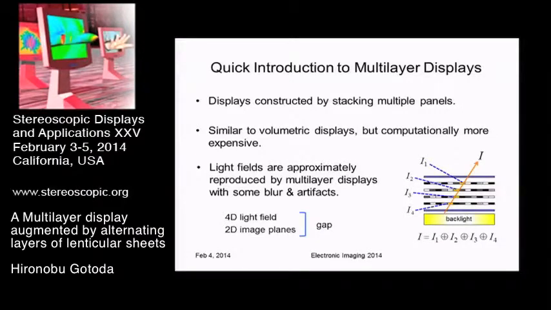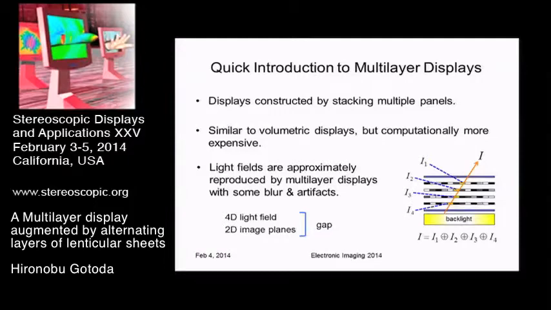So this is a very quick introduction to multilayer displays. As I mentioned, multilayer displays are constructed by stacking multiple panels. These are structurally similar to volumetric displays, but multilayer displays are expensive from a computational viewpoint.